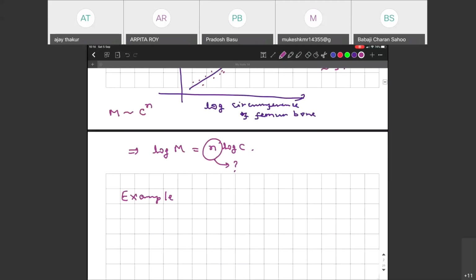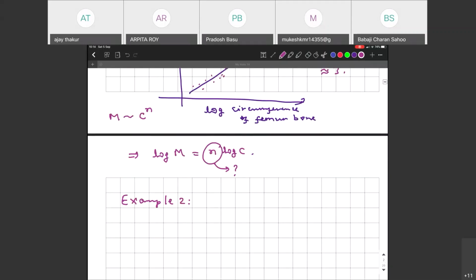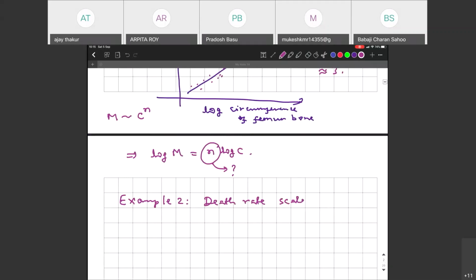There could be an interesting example like how does death rate scale with population size for COVID-19?